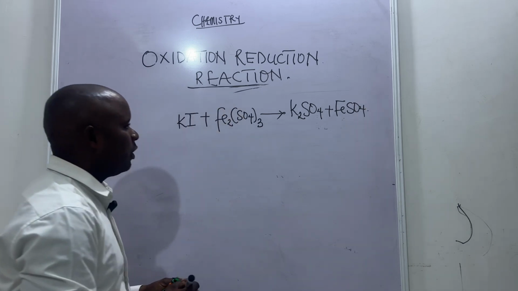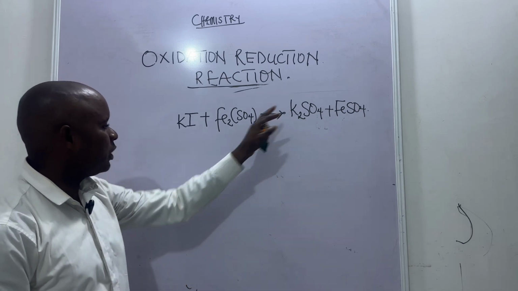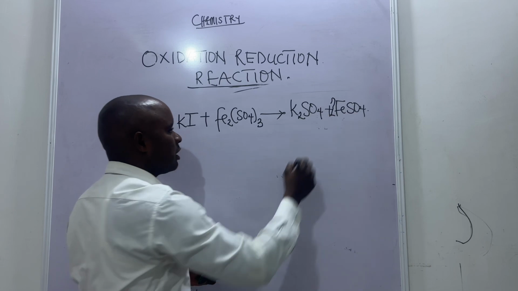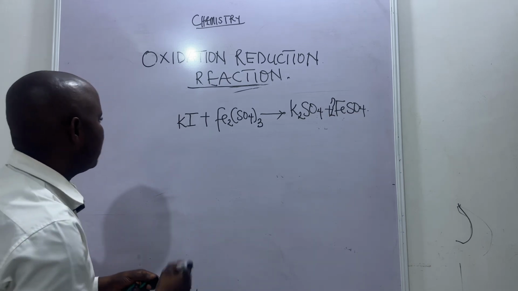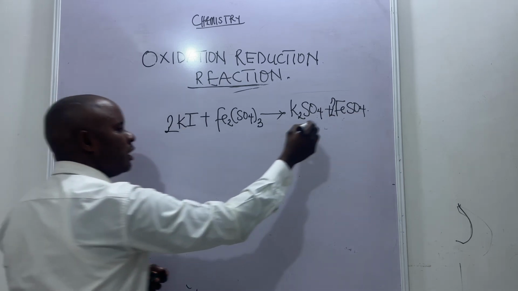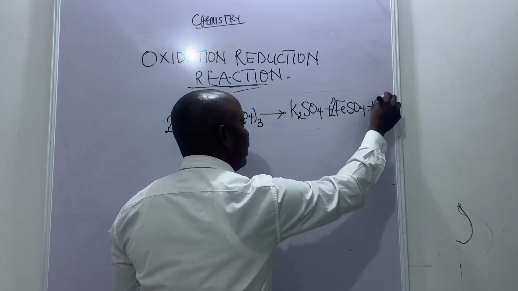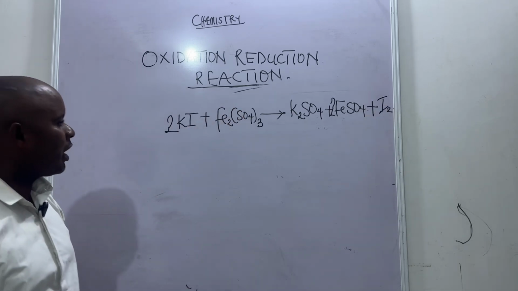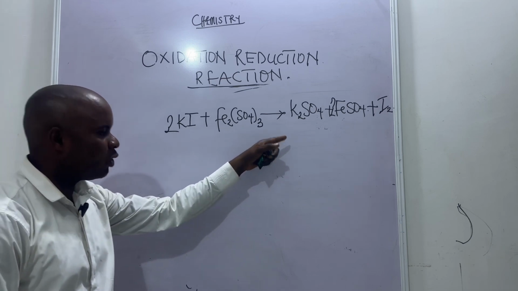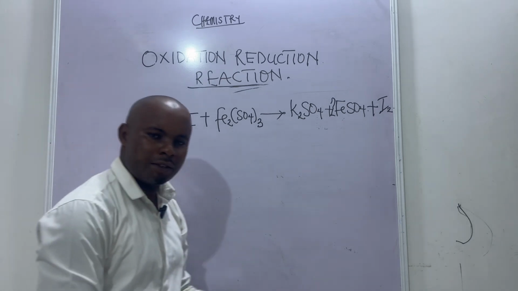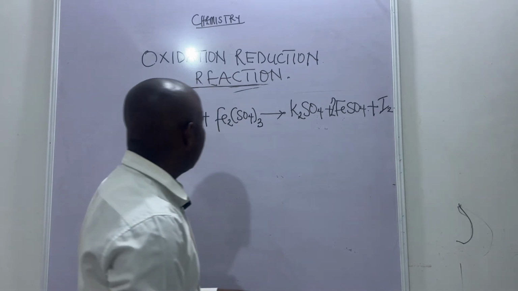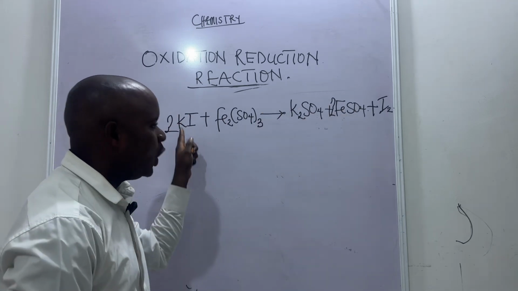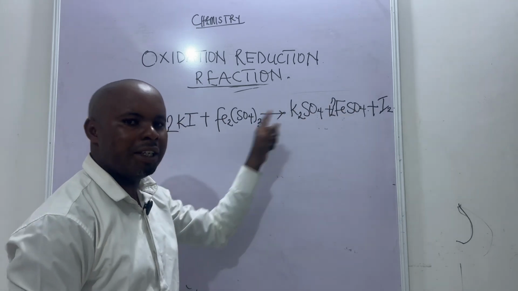So if you are given an equation in this manner during a multiple choice question, you are asked to identify a reducing agent and an oxidizing agent.